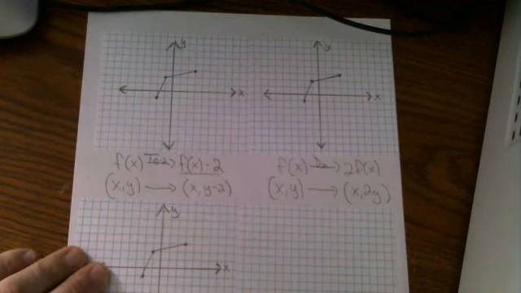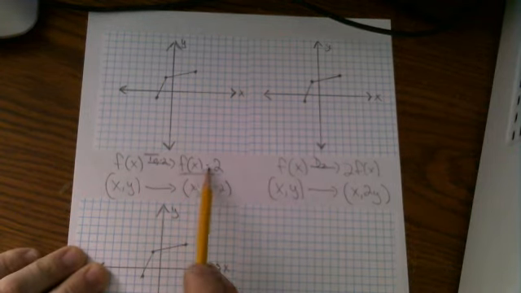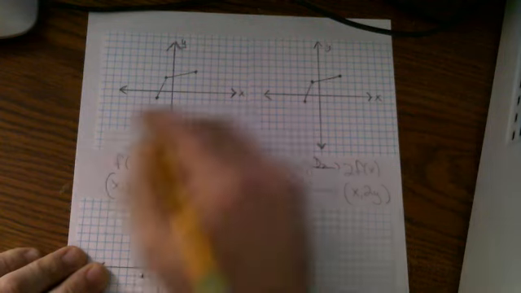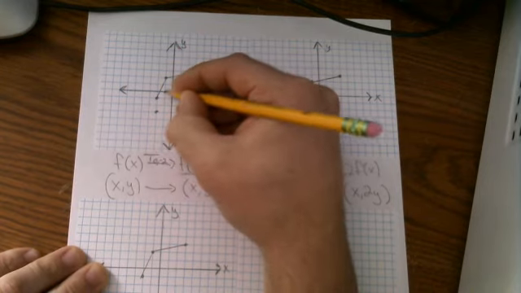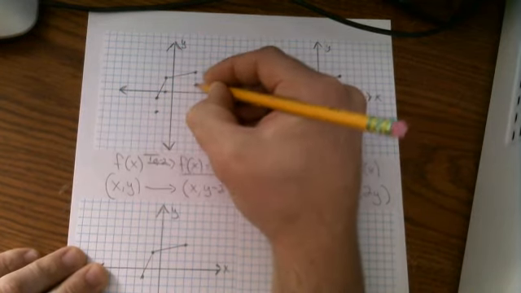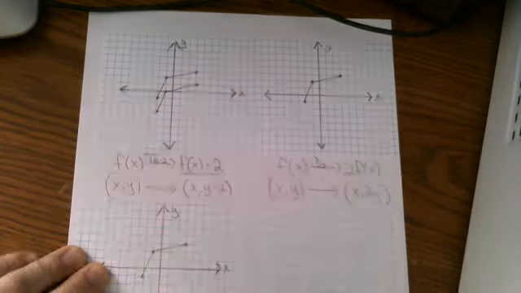However, in the previous example, we were moving in the opposite direction. When you're translating in a y direction, it's the same sign. So this is moving down 2. We'll take all of these ordered pairs and move them down 2, giving us a new graph which looks like that.